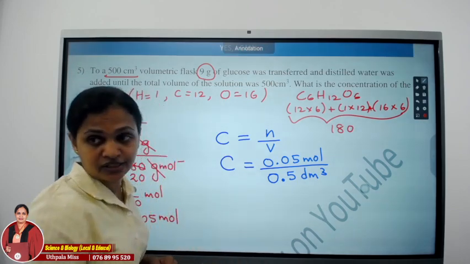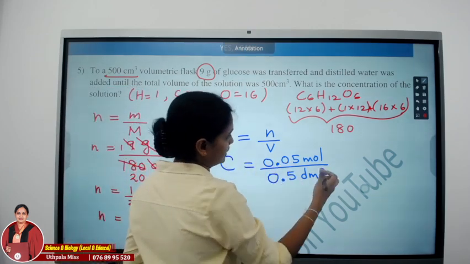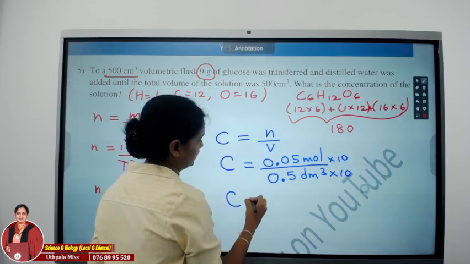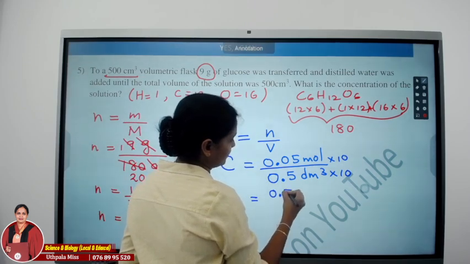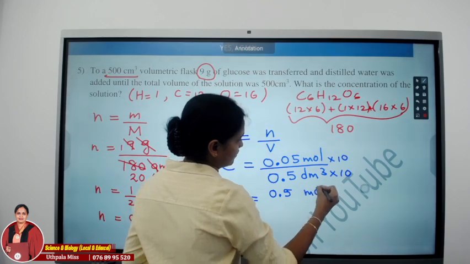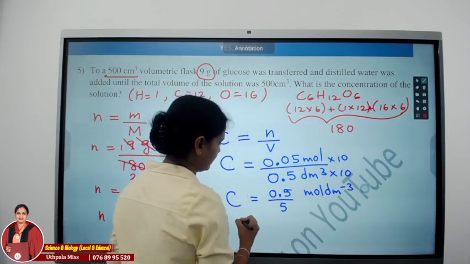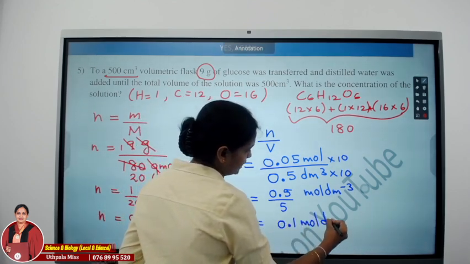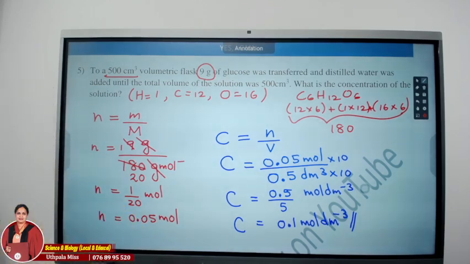We need to convert it into cubic decimeters. I can just multiply both sides by 10, since doing the same thing on both sides makes no difference. So it is 0.5 moles per cubic decimeter divided by 5, which equals 0.1 mole per cubic decimeter. Is that clear? Yes, miss.